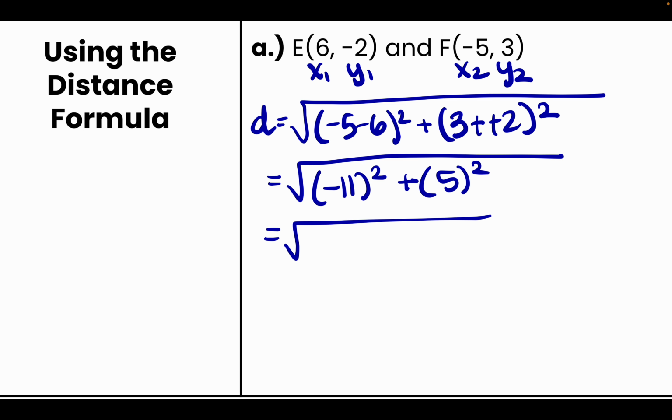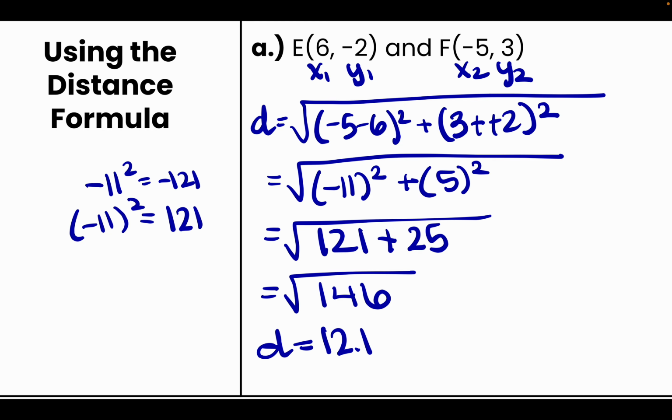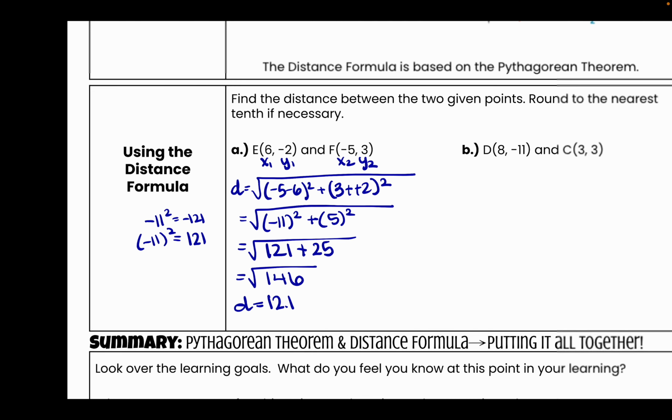It is important to keep the parentheses. -11 squared is actually -121, but in parentheses, (-11) squared is positive 121. So we have positive 121 plus positive 25. 121 plus 25 is 146. So the distance is 12.1. Remember, that's rounding to the nearest tenth.